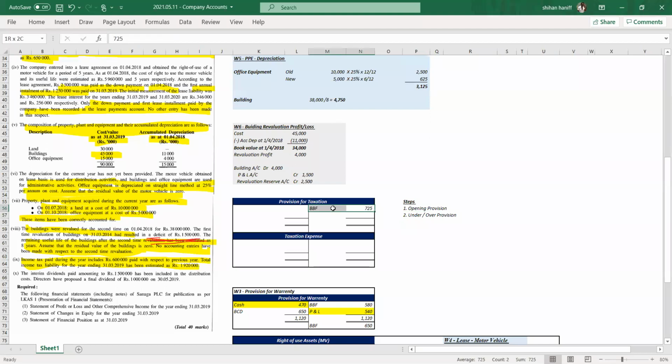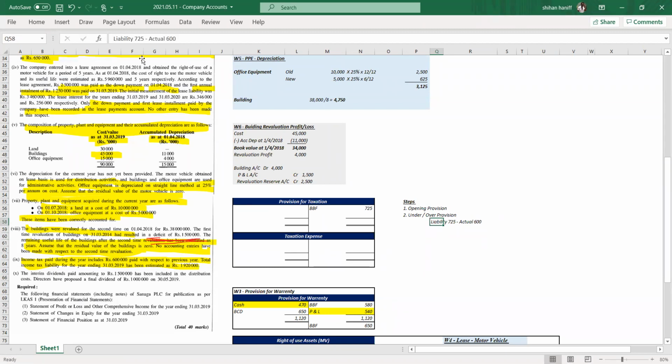We have made a liability of 725, but actually paid is 600. Right? That means 725 provided, actually 600. We made a liability of 725, but actual is 600.